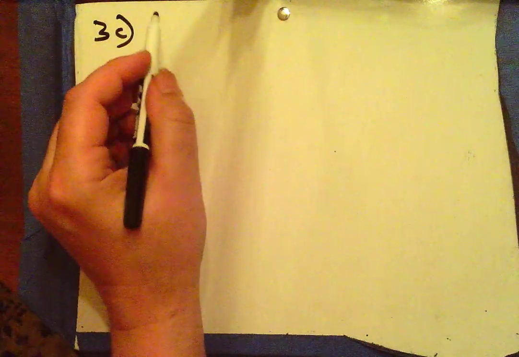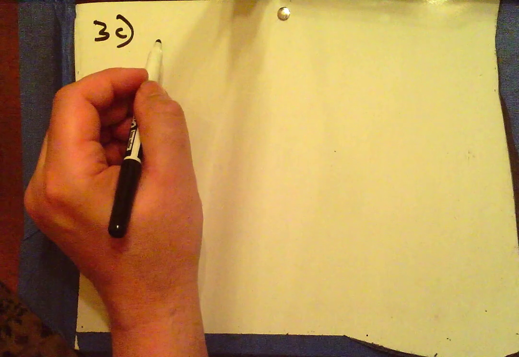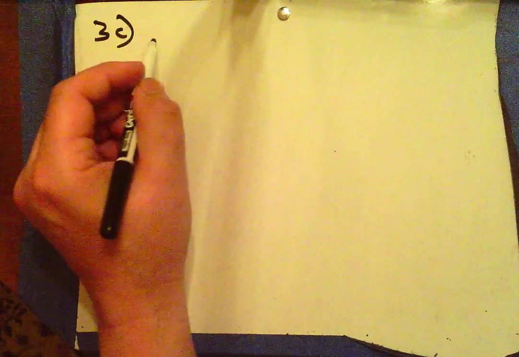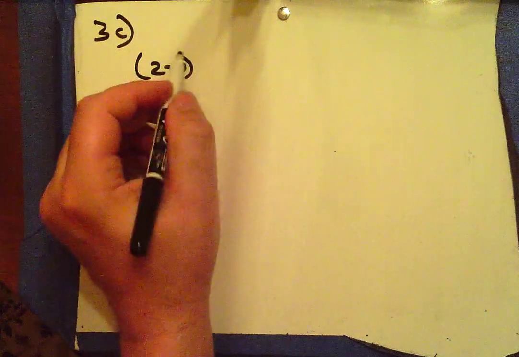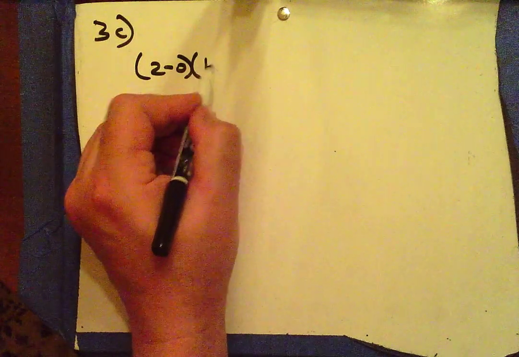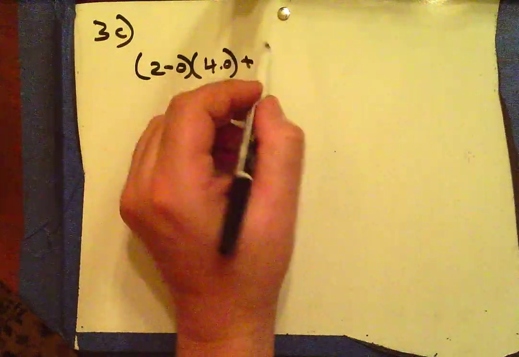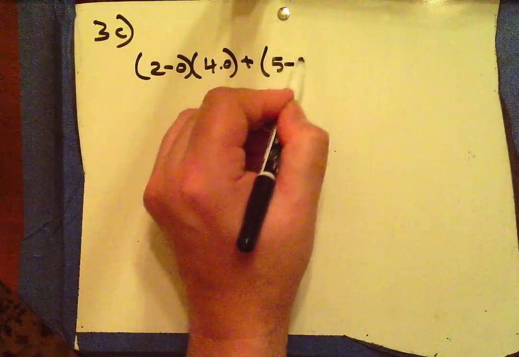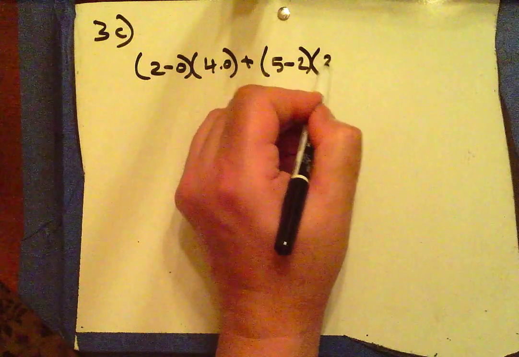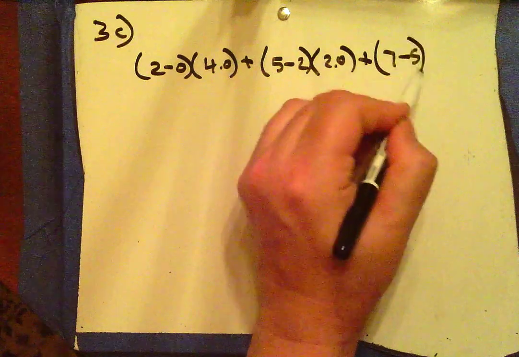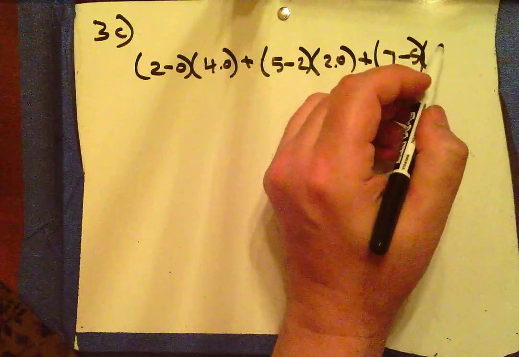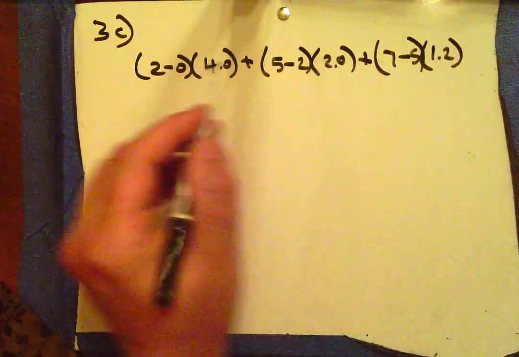Okay, so 3C. We're doing a right Riemann sum, so we want not to use the first height, but to use the second height and all the heights after that. So the first rectangle, 2 minus 0, is the base, and the height is 4.0. The second rectangle is 5 minus 2, and the height is 2.0. The third is 7 minus 5, and the height is 1.2.